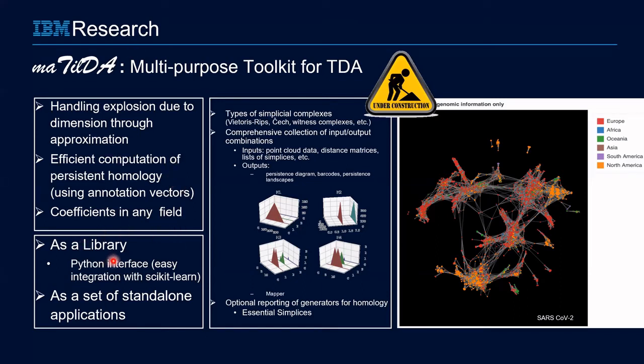It can be used as a library, or it can be used as a standalone, and we offer a comprehensive combination of input and output, essential simplices. And here's something we're dabbling with on the SARS-CoV-2 on one kind of mapper or one kind of output here. This toolkit is under construction, and once it's ready, we will share it with the research community.